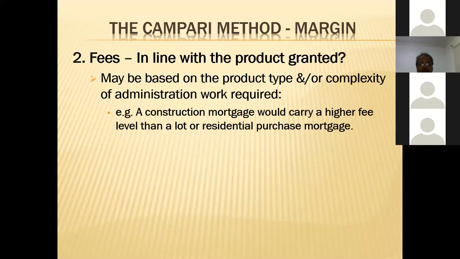And there may be some disbursements for other things, such as if there's insurance that has to be taken over the residential property, or life insurance for the individual, okay?